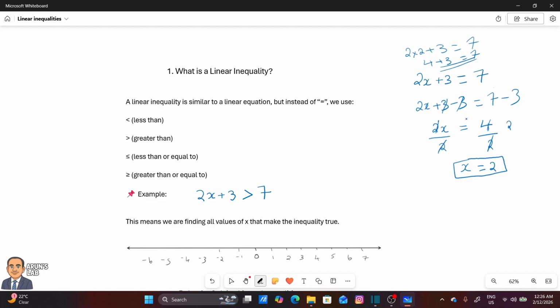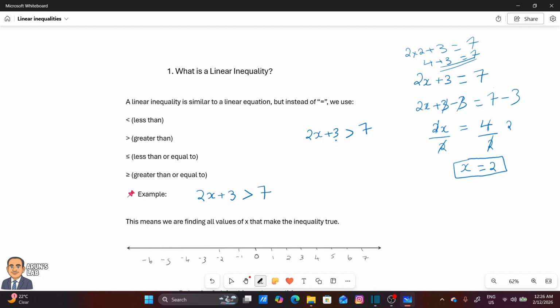The same algebraic techniques we use here to solve a linear inequality. So let's solve this linear inequality. First, consider the equation as it is. Don't change any symbol, just keep the symbol the same and find the value of x.